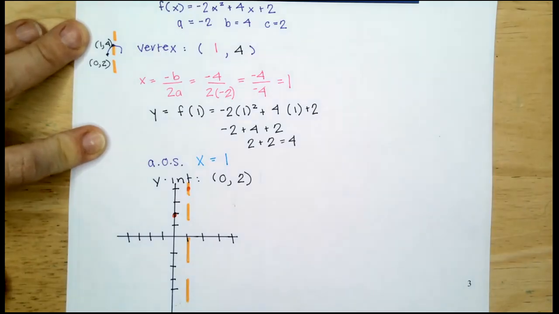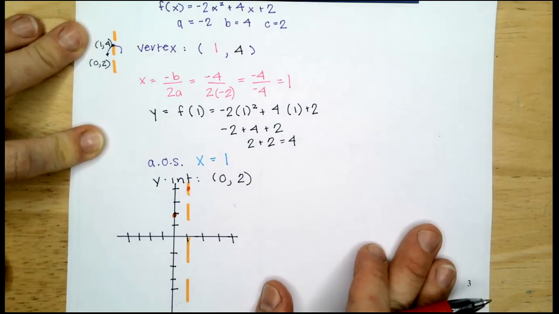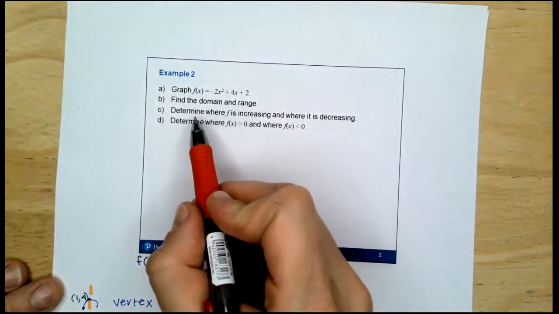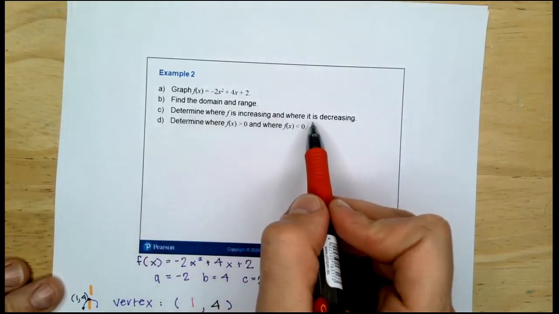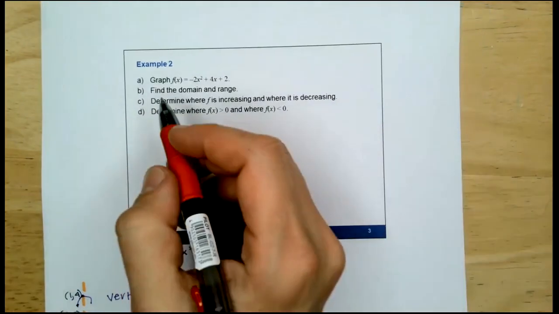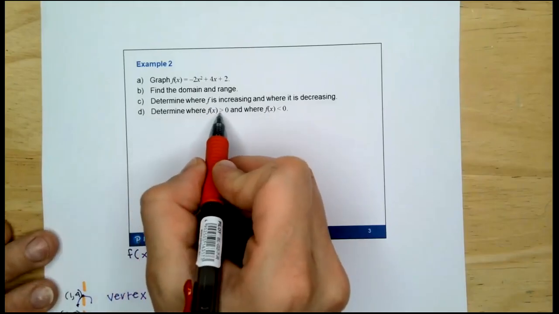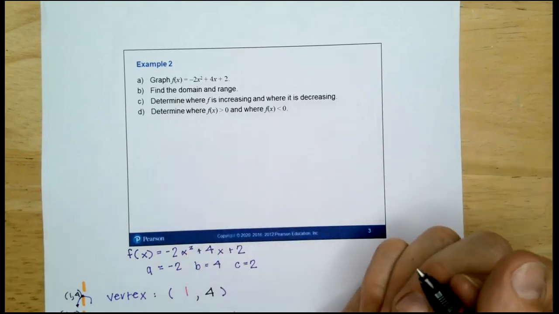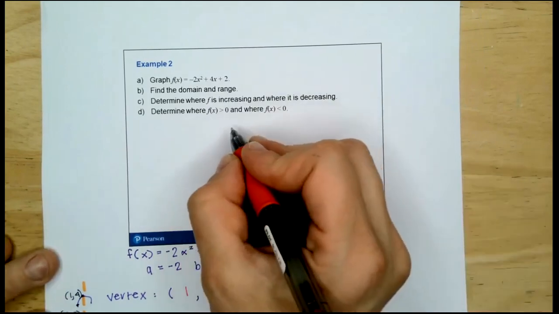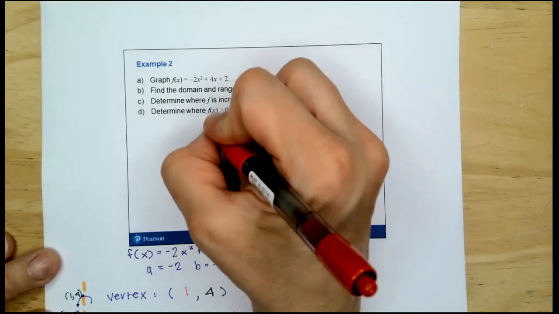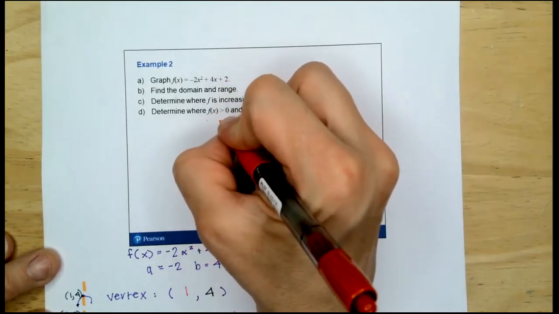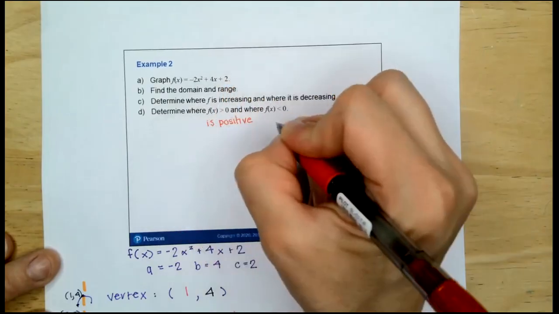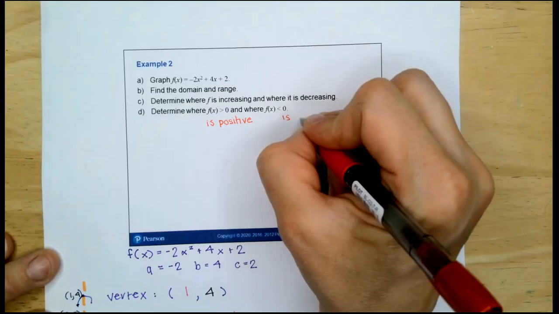Good? All right, things they are going to ask us about. They are going to ask us the domain and the range. They're going to ask us to determine where f is increasing and where it is decreasing. And then they are going to ask where f of x is greater than 0 and where f of x is less than 0. If you remember this, in the previous lecture, this was just called f of x is positive, and where f of x is negative, right?